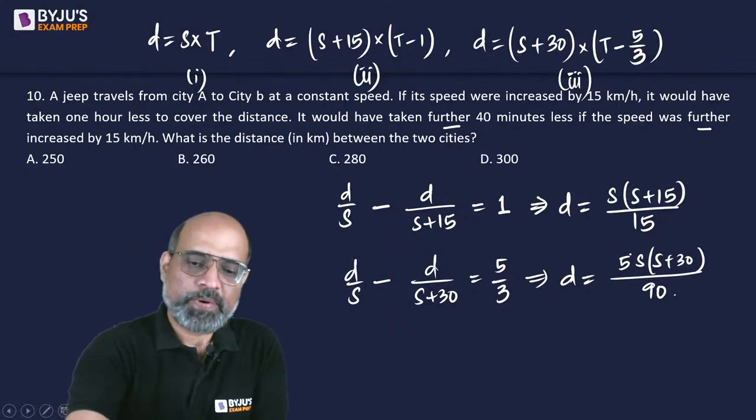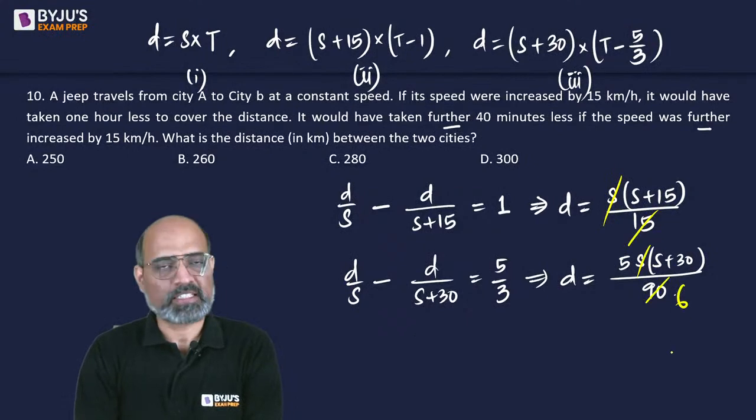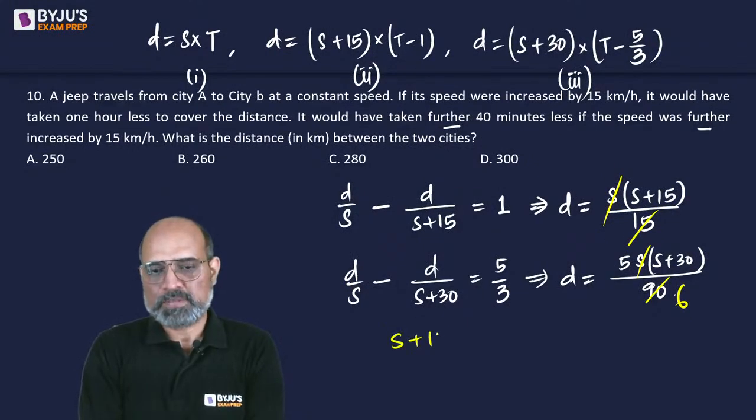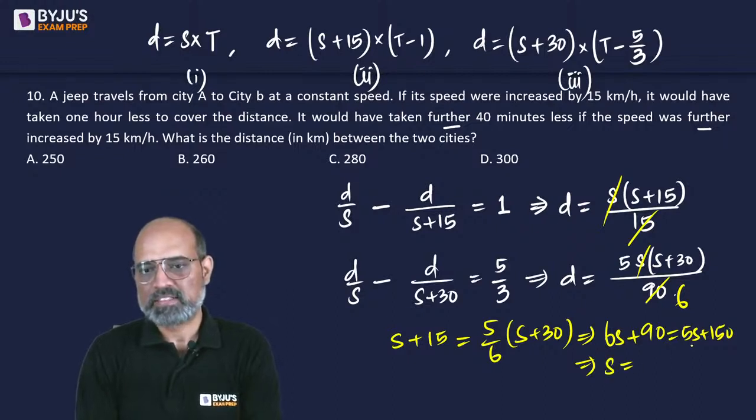So if we equate these two, so s and s will cancel out. 15 and 90 will cancel out. We will have s plus 15 is equal to 5/6 of s plus 30. If you cross multiply, we will have 6s plus 90 is equal to 5s plus 150, or we will get the value of speed as 150 minus 90, which is 60.